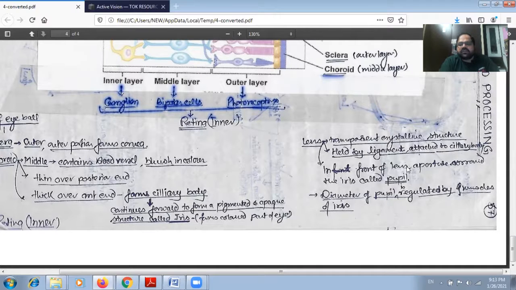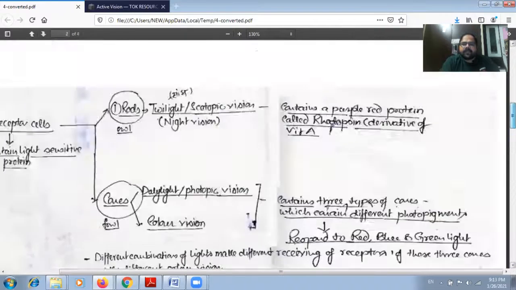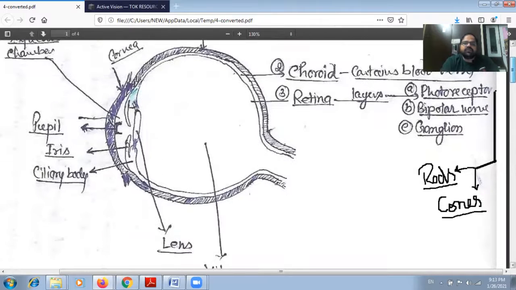And in front of the lens, the opaque aperture we can see is called pupil. I have already discussed it. The diameter of the pupil is regulated by the muscles of the iris. By this structure we can see how our eye controls the amount of light in our eye.